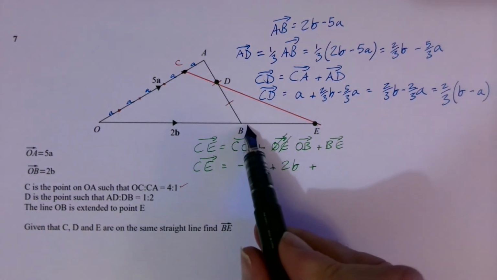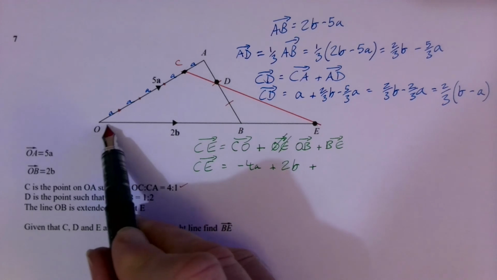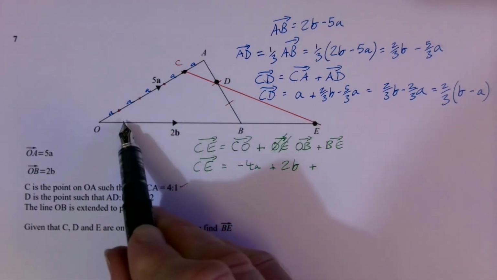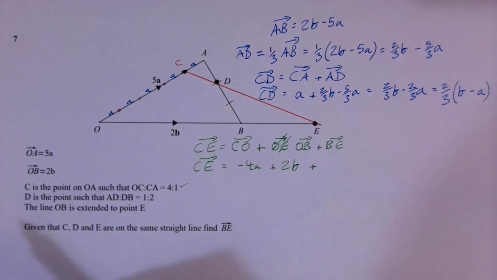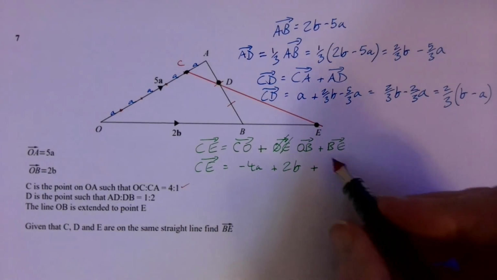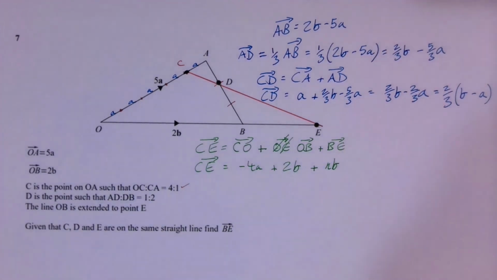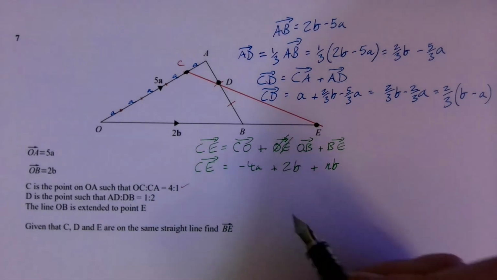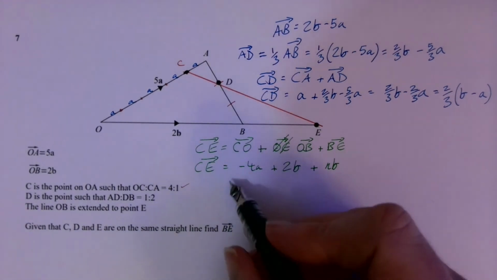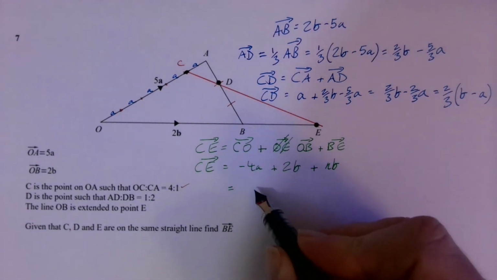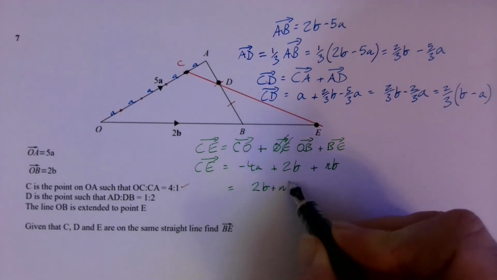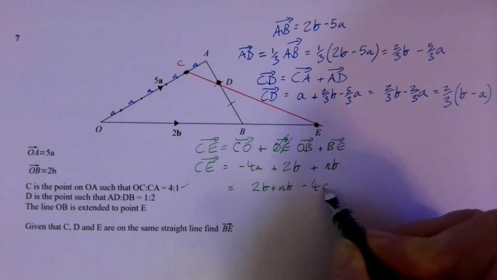But we know that B to E is part of this straight line. So it's got to be a multiple of B. So plus, maybe call it NB, although they often like using K in vectors, but never mind, I've done an N now. So what we've got here is 2B plus NB take 4A.